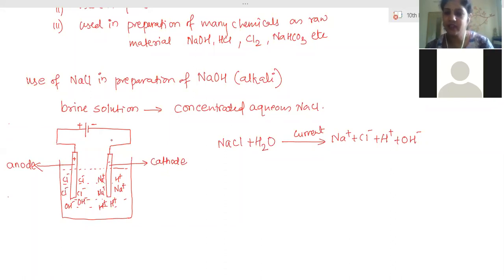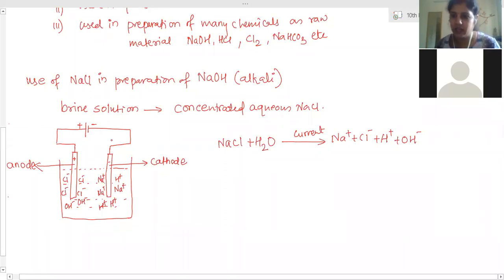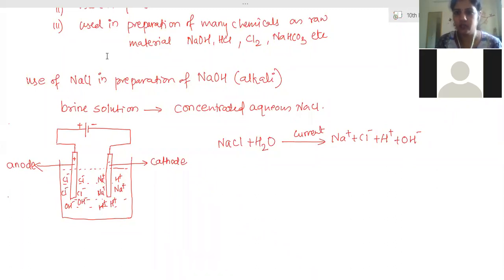Now cations gain electrons, and anions are formed, that is chloride ions or OH- ions are formed by how? Gaining or losing electrons? A chlorine atom gets converted into a chloride ion by gaining electrons. Now the reverse process will take place.